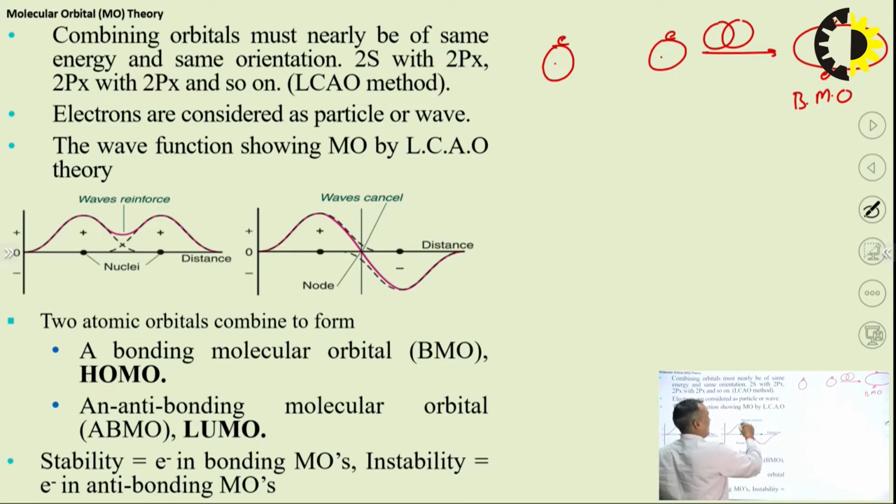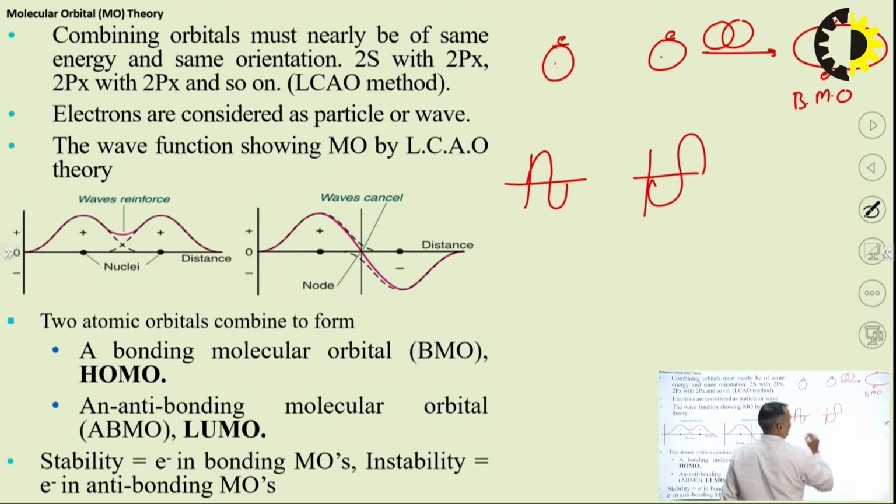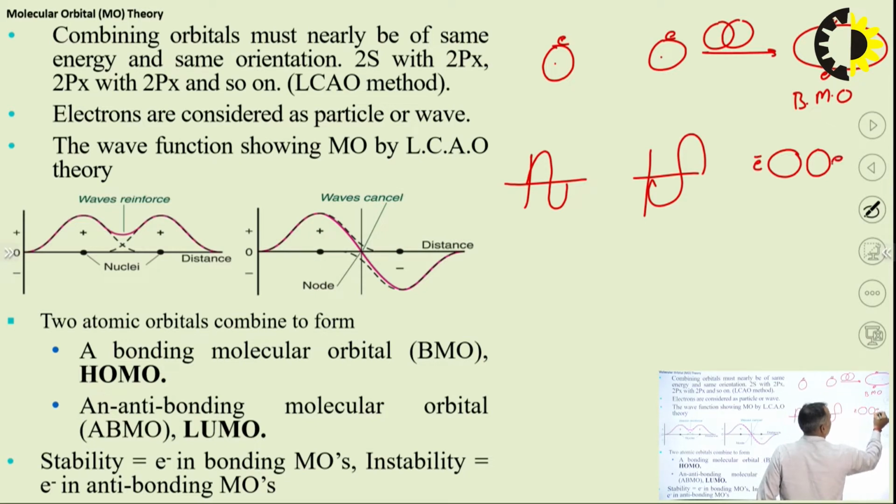And when the wave functions overlap in opposite phase, meaning one wave is going in this direction and another wave is going in this direction, the overlapping will be destructive, or negative overlapping, in which the magnitude of the wave function is reduced. In the resultant molecular orbital, the electron here will move to the maximum distance and it will look like this.